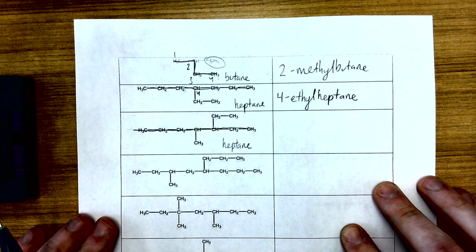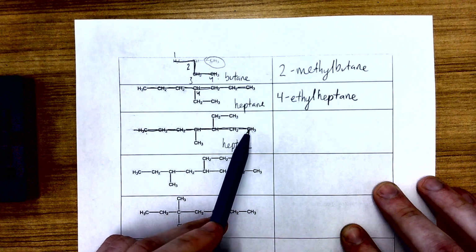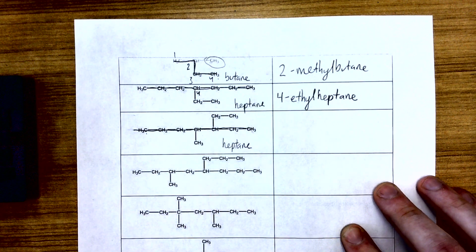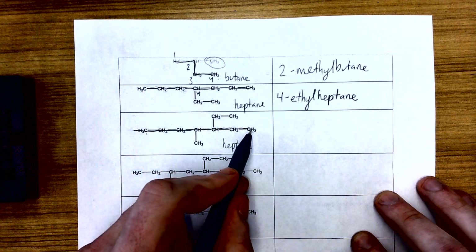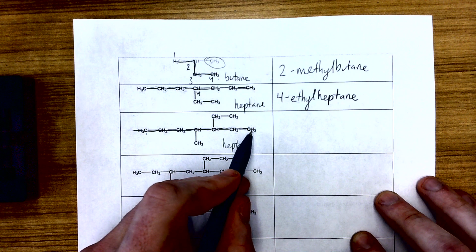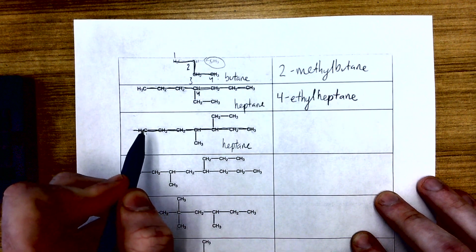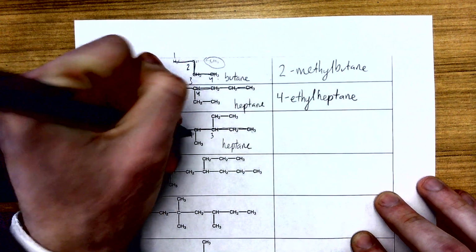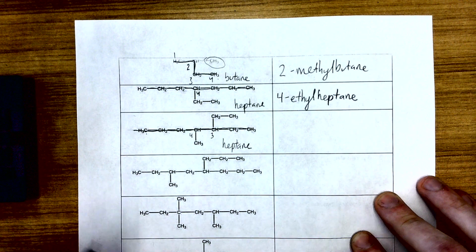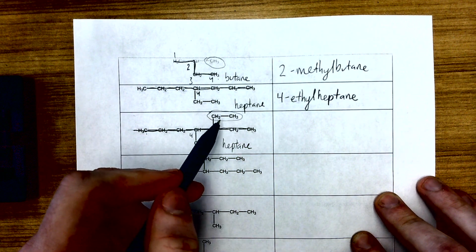And now we have to decide which is 1. I'll give you guys a second to think, and then I'll come back. If you pick this one, you are correct, because that means the first branch happens at 3 as opposed to 4. And what's coming out of the 3? 2 carbons, that's ethyl.